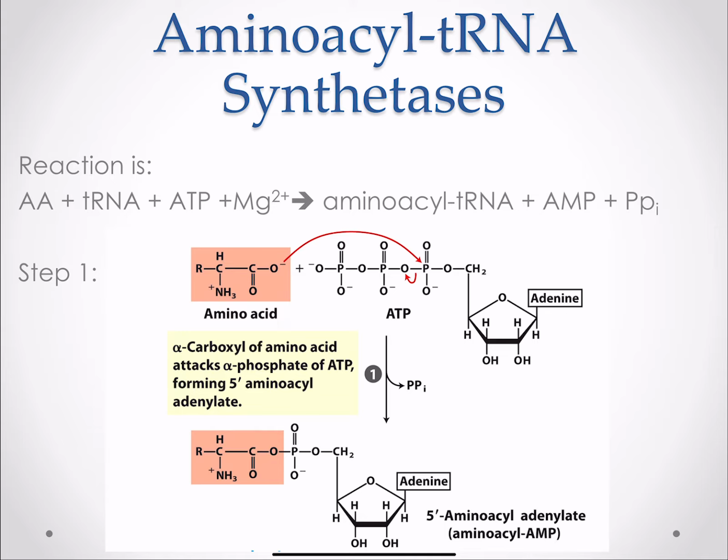Now, the first step in the reaction for activating your amino acids is to have an amino acid, to have a transfer RNA, requires ATP and magnesium. And then you're going to get an aminoacyl tRNA, release of your AMP, as well as an inorganic phosphate. And so this is showing the amino acid with the ATP, and this is going to lead to the aminoacyl AMP.